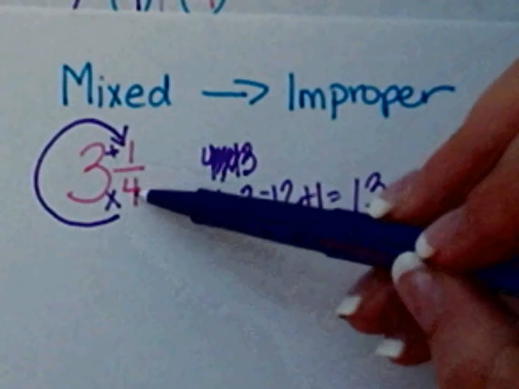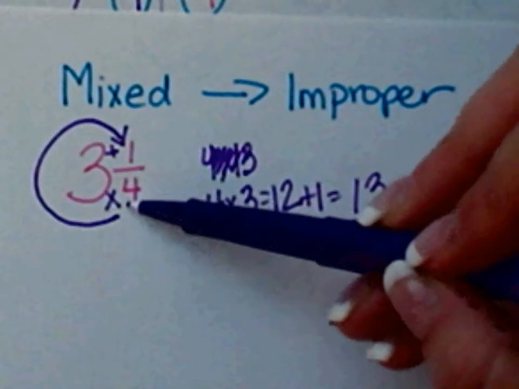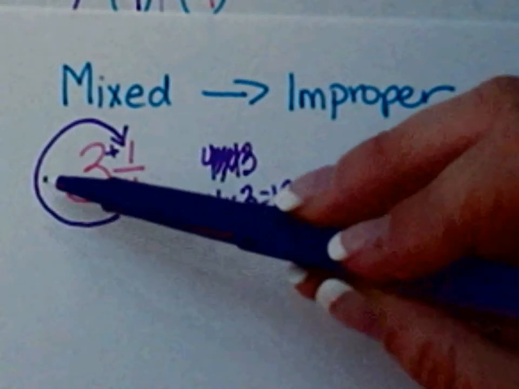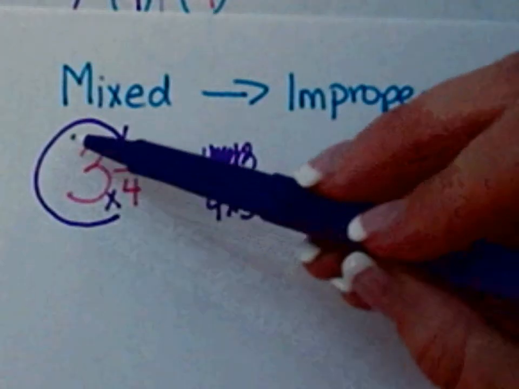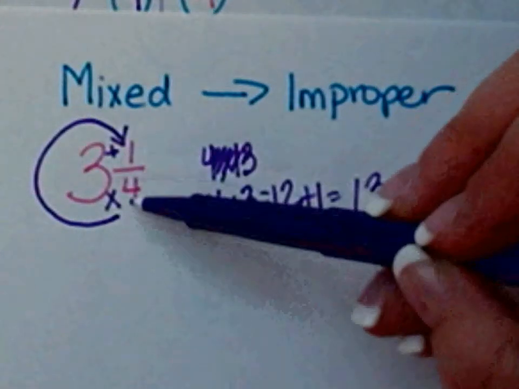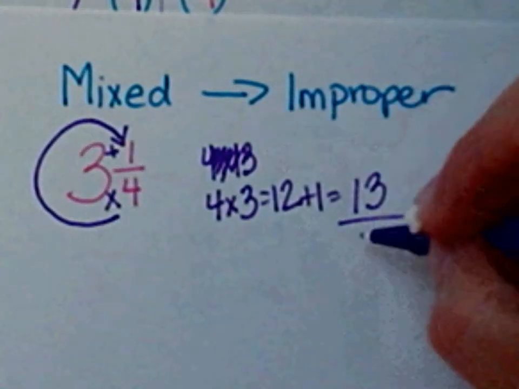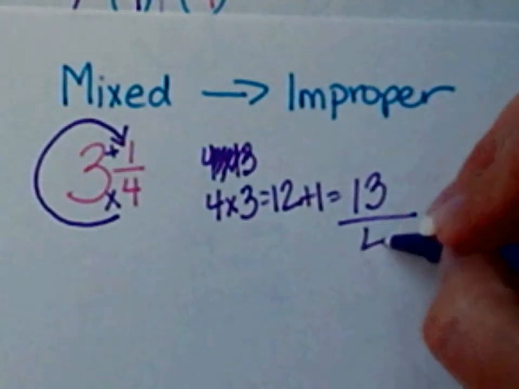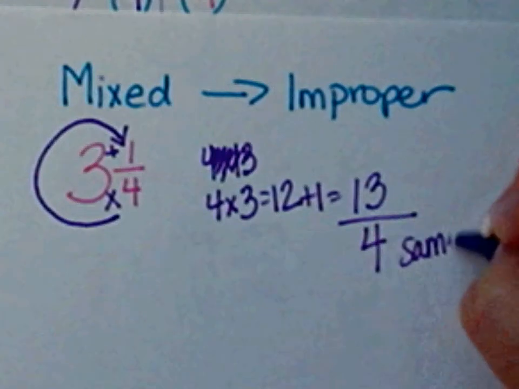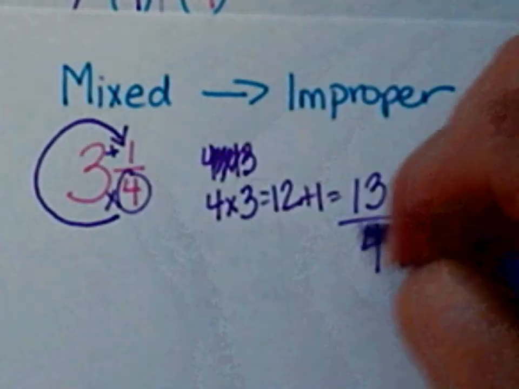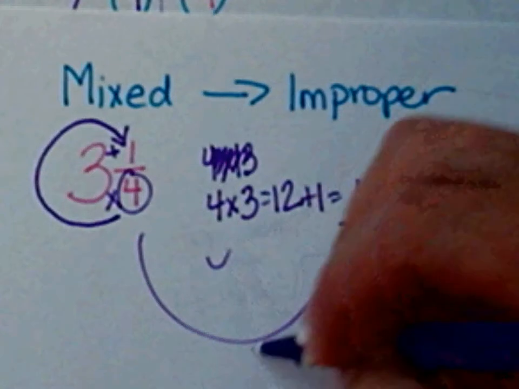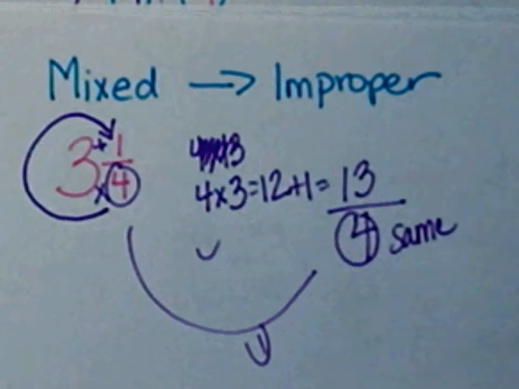Okay, again, how we did that was we started at the 4, the denominator, followed our lasso around to the 3, we're going to multiply, keep following it around to the 1, we're going to add. So 4 times 3 plus 1 is 13. And our denominator always stays the same. These should be the same.